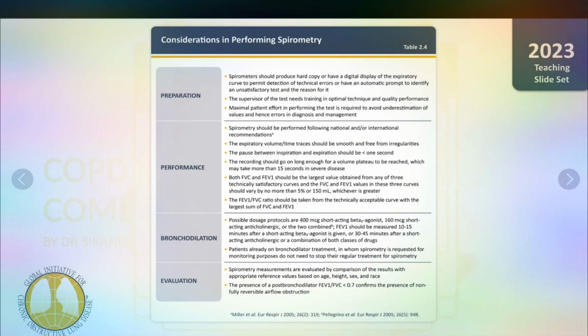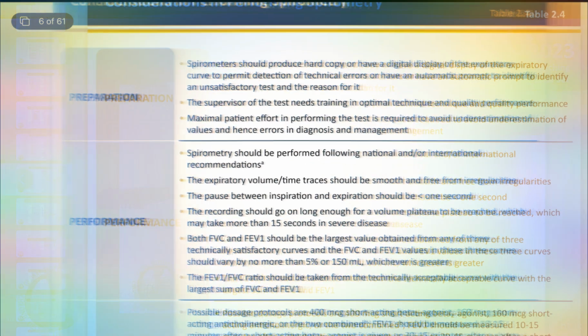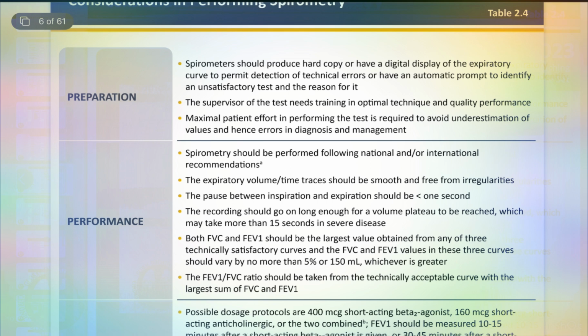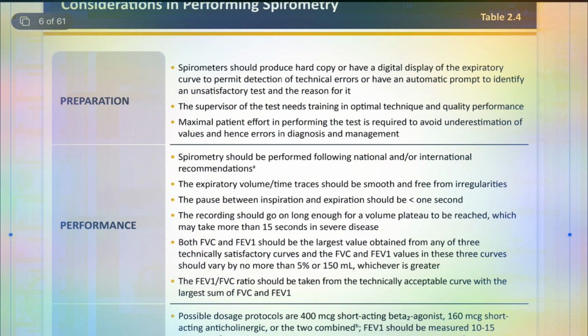Then comes, what are the considerations while performing the spirometry? So they are telling what the preparation part is. Spirometers should produce hard copies or have a digital display of the expiratory curve to permit detection of technical error, or have an automatic prompt to identify an unsatisfactory test and the reason for it.